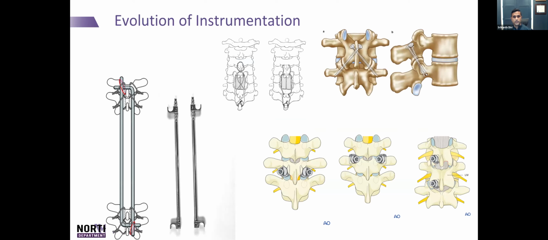Some of the residents, and myself, I'm not really familiar with these techniques because we haven't seen them a lot, but over to the left you see what are called Luque rods and wiring techniques. You can think of instrumentation as being broken into rigid fixation and non-rigid fixation.